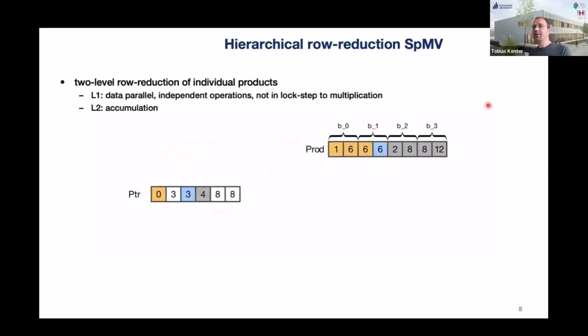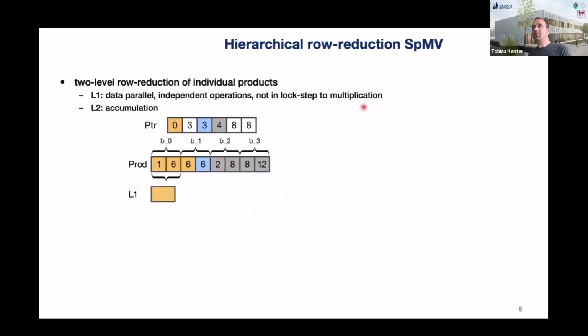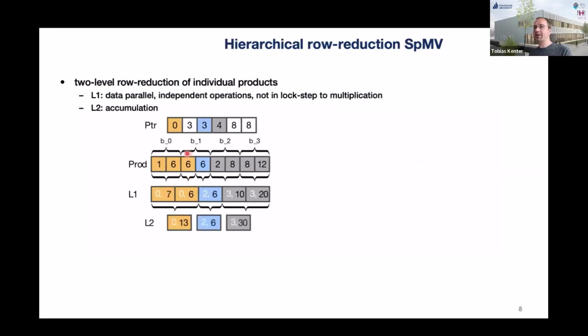So first step, which we call L1, we accumulate entire blocks into one accumulated sum. And here there's a little trick, because if one of these intermediate blocks contains partial results from 2 different rows, we do this in 2 cycles.